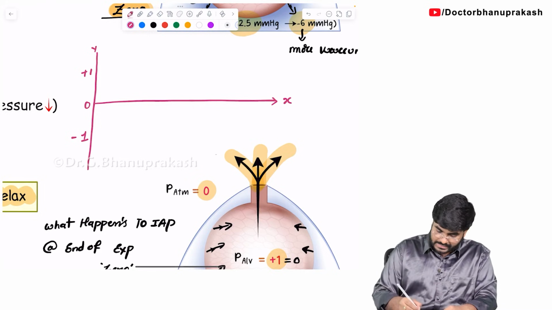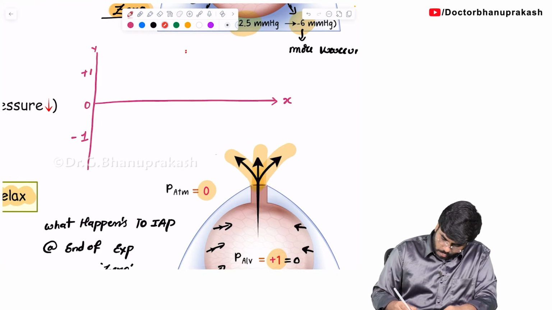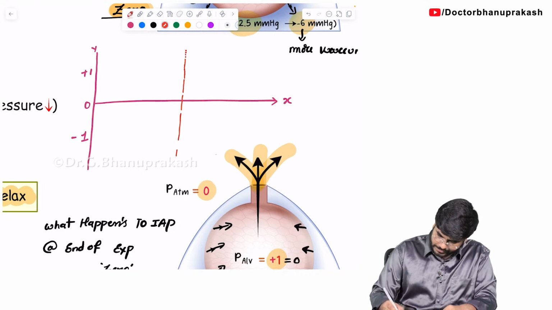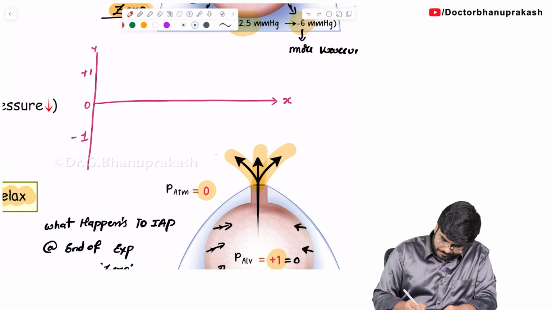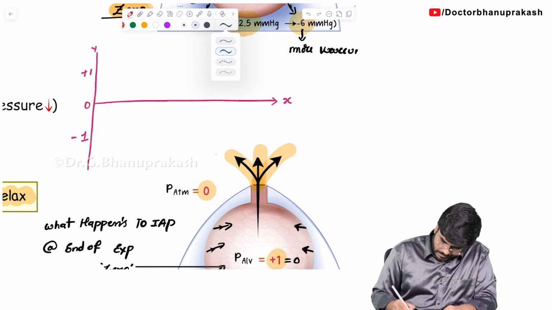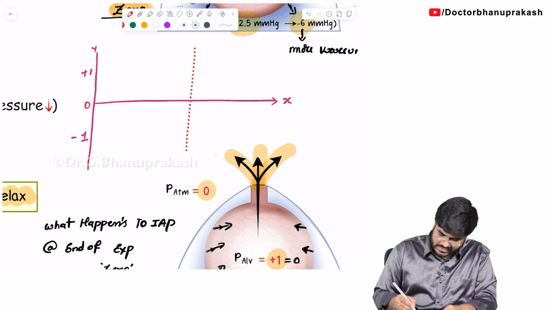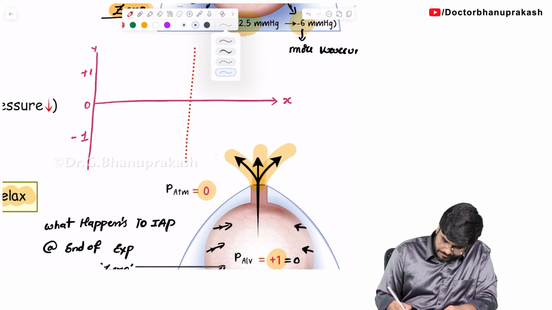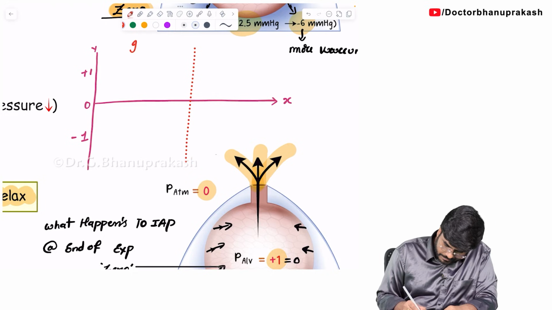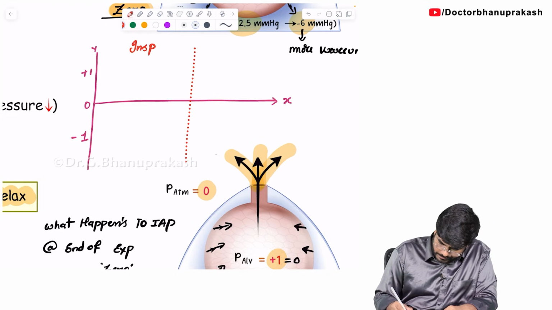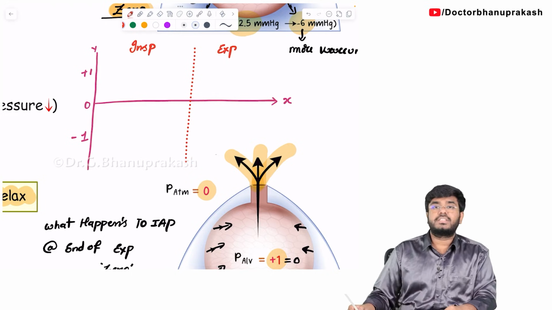Now on the x axis, I am dividing it into two halves. The first half, let's say, is inspiration and here expiration.